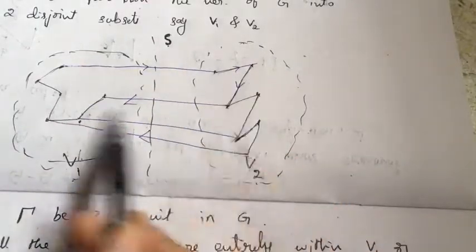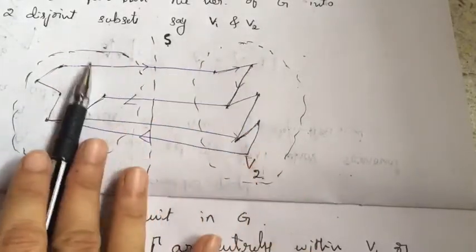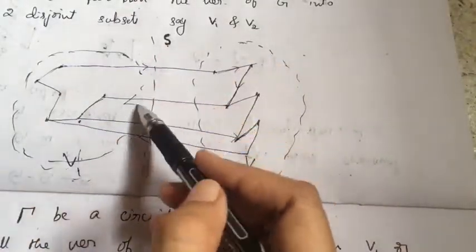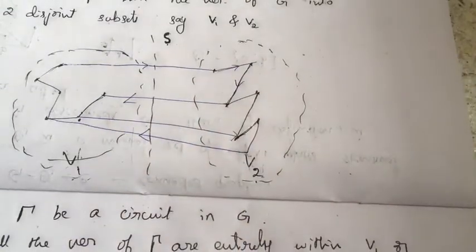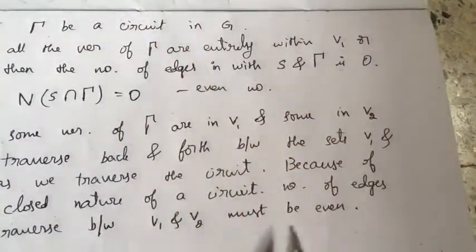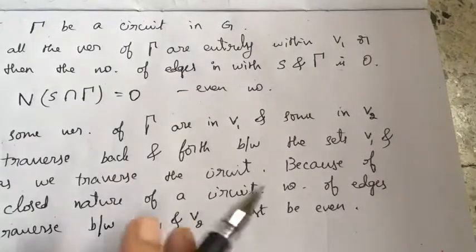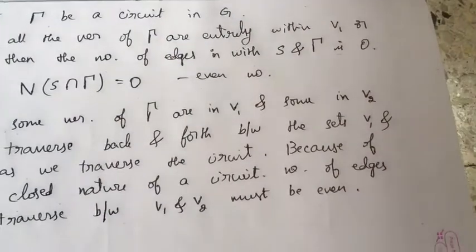So this is an even number every time. So an even number of times I'm moving from V1 to V2 or V2 to V1. So the number of edges in common with this circuit and the cut set is even. It's just because every edge in S has one end vertex in V1 and another in V2.